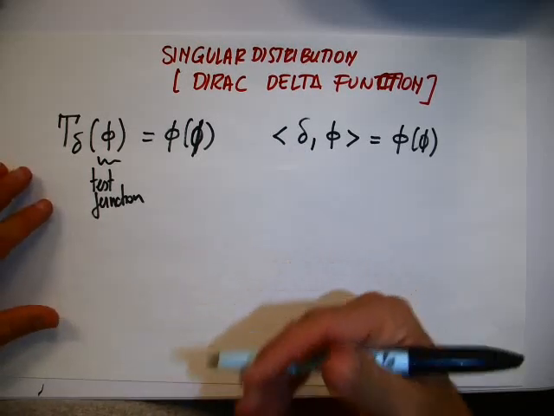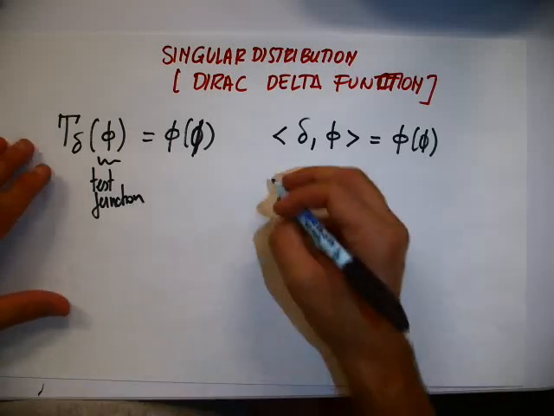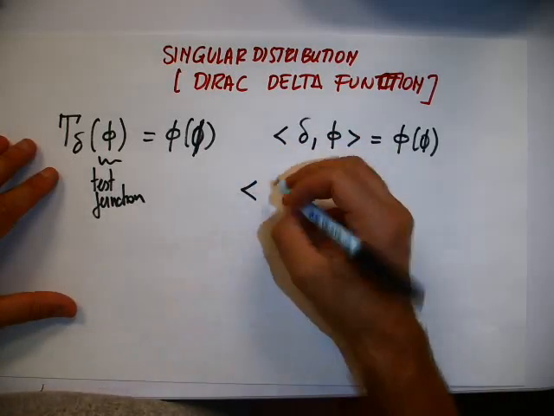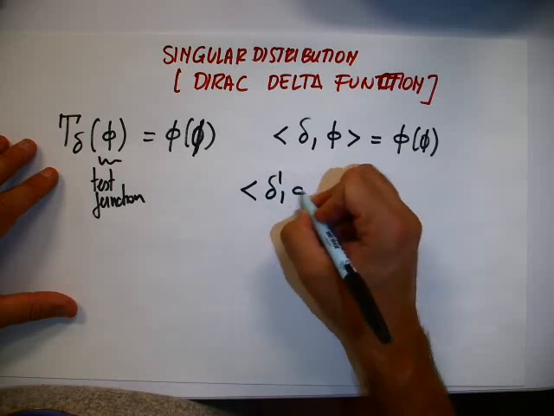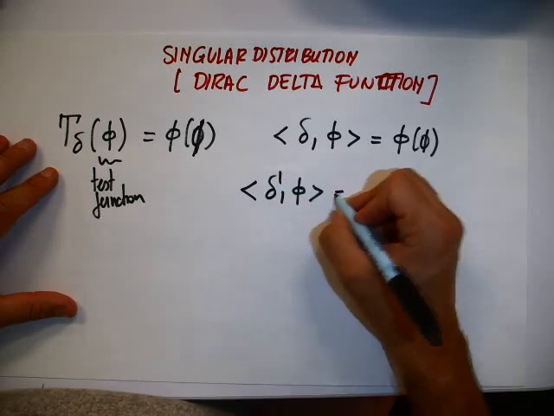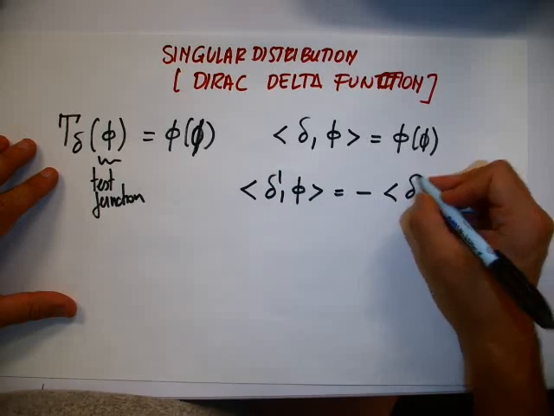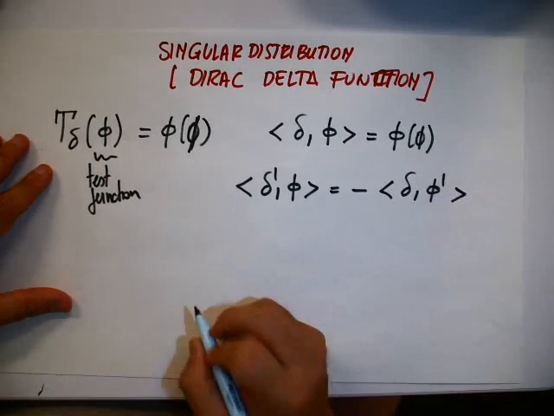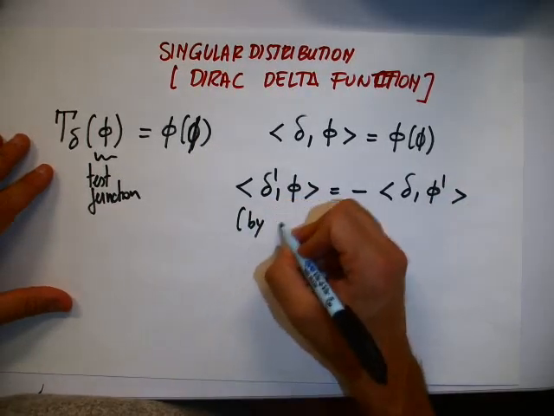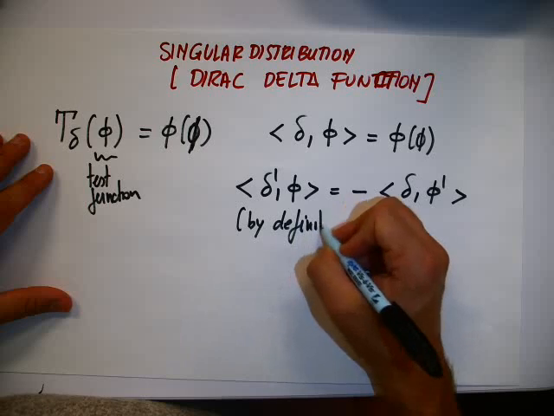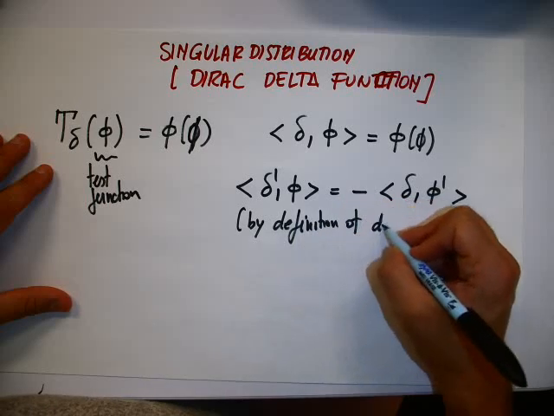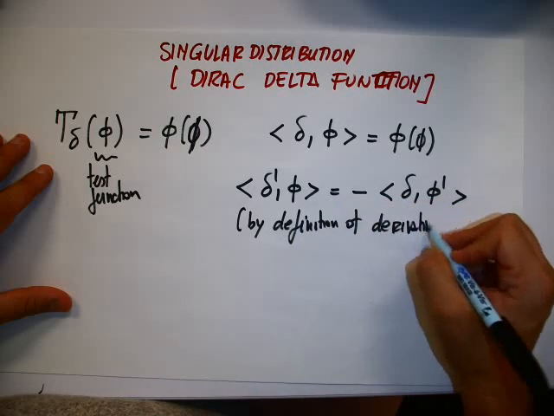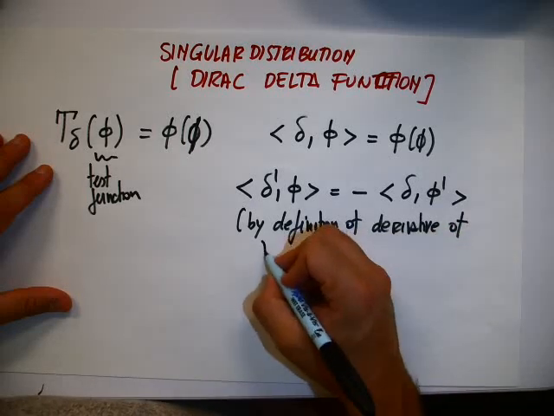Now, the natural definition of the derivative: we know that formally the derivative, delta prime comma phi, is equal to minus delta comma phi prime. This is by definition of the derivative of a distribution.